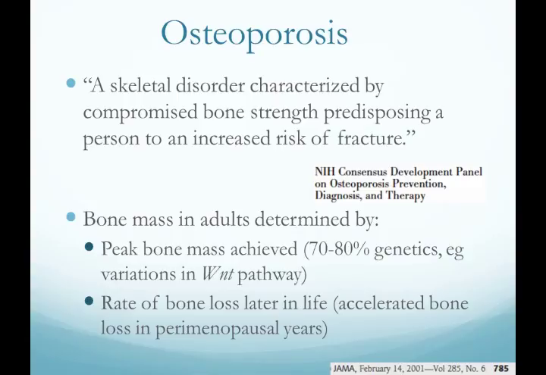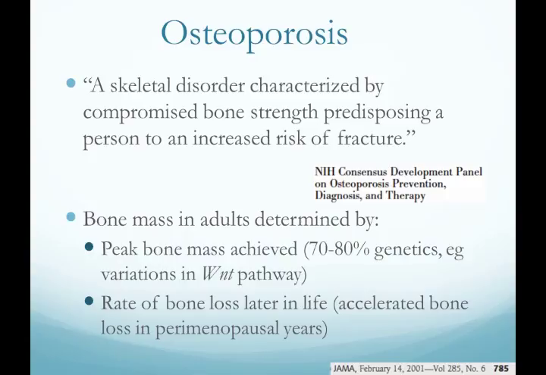One of them is called LRP5, which is the co-receptor. It's been shown that if you have a genetic mutation in your LRP5 gene that makes it more active, you're going to have a higher bone mass. If you have a genetic variation that makes your LRP5 inactive, you're going to have a lower bone mass. It's a very simple example of how genetics plays a role.